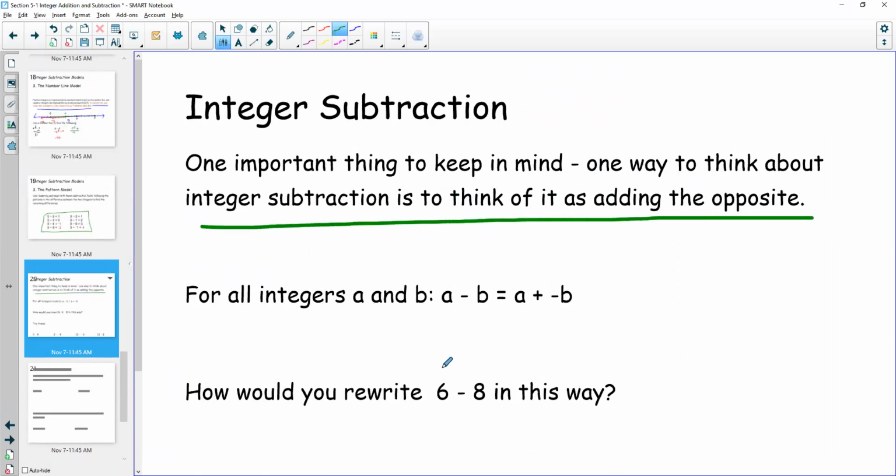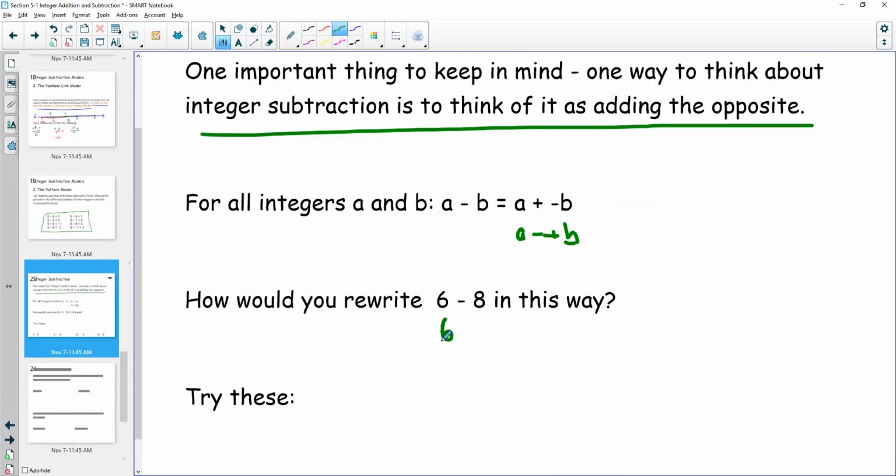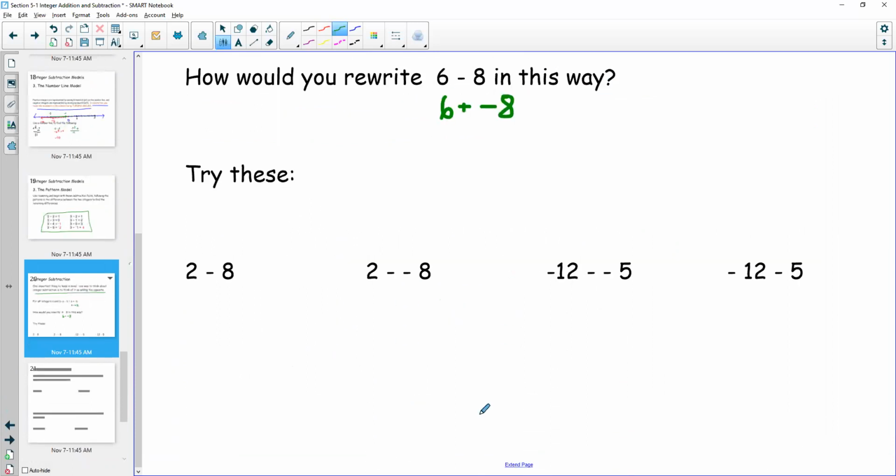So the idea is that I can rewrite a minus b as a plus a negative b, or a minus a positive b, whatever. So I can rewrite 6 minus 8 as 6 plus a -8. Okay? I can rewrite 2 minus 8 as 2 plus a -8. 2 minus -8, can I rewrite like that?